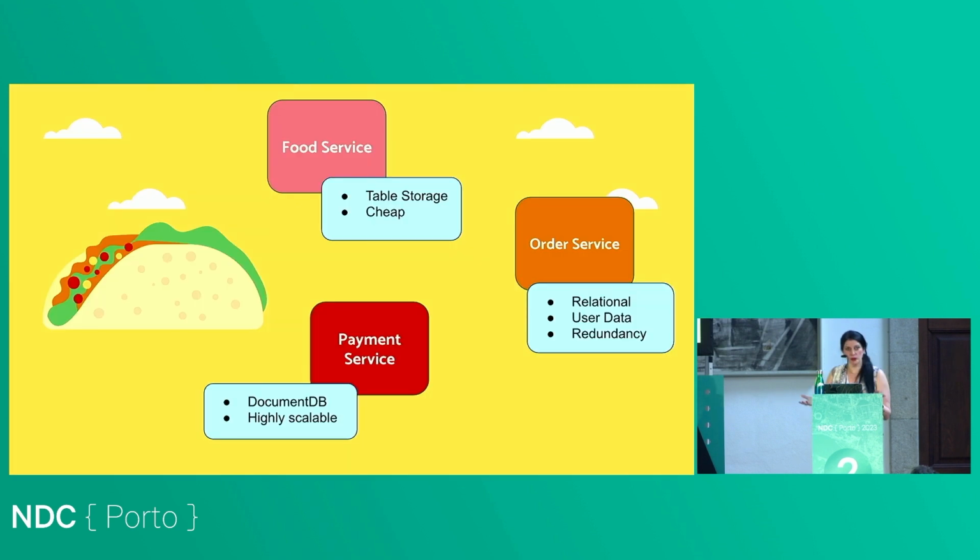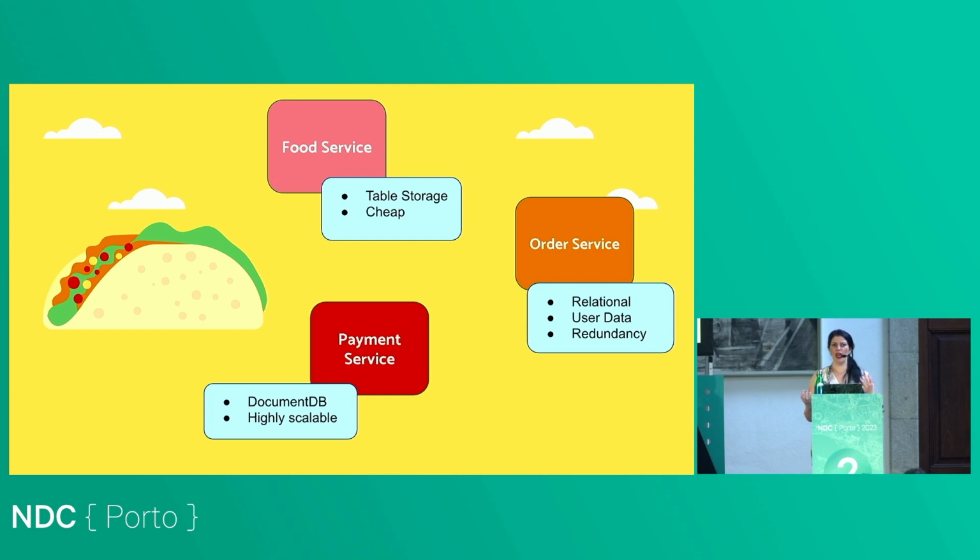The beauty of having a database per service is that not only will you not have a distributed big ball of mud, you can pick the type of data store that suits your service. Maybe you'll have table storage, cheap and cheerful and scalable.